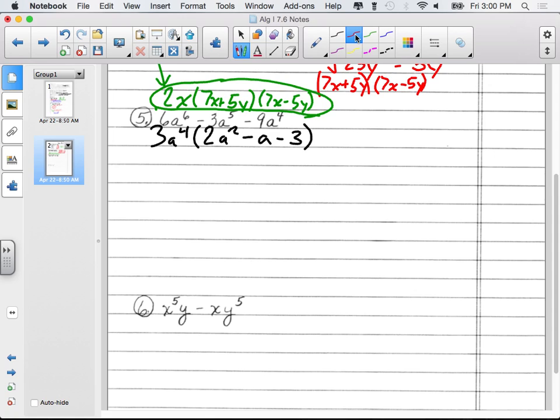A, B, and C. So what goes upstairs and what goes downstairs? -6 upstairs, and then -1. Okay, so two numbers that multiply to -6 and add to -1. -3 and 2. Does it matter what side I put them on? No, it doesn't.